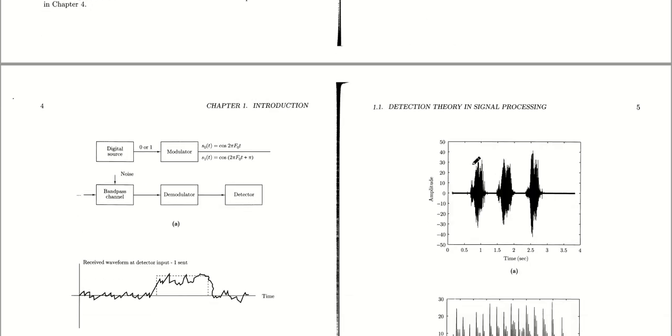Okay. And this is a digital communication problem. You have a digital source that transmits 0 or 1, and the modulator generates either S0 or S1, that is, cosine and cosine plus pi. It's a phase difference of pi, which is reflected as +1 or -1.